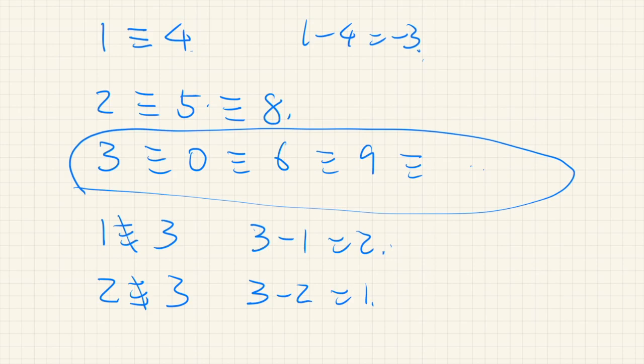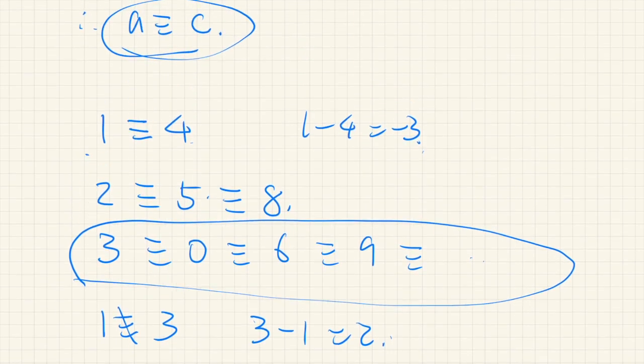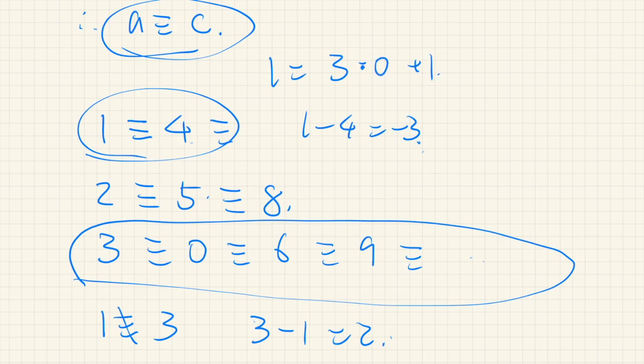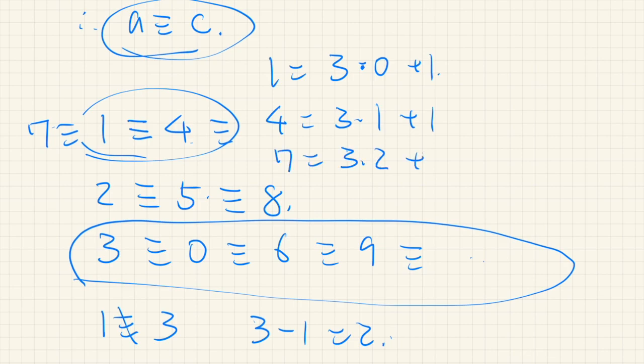And actually, this is congruent to any number that has a remainder of 1 when divided by 3. So 1 is equal to 3 times 0 plus 1, and 4 is equal to 3 times 1 plus 1, and this is also congruent to 7, and 7 is equal to 3 times 2 plus 1.